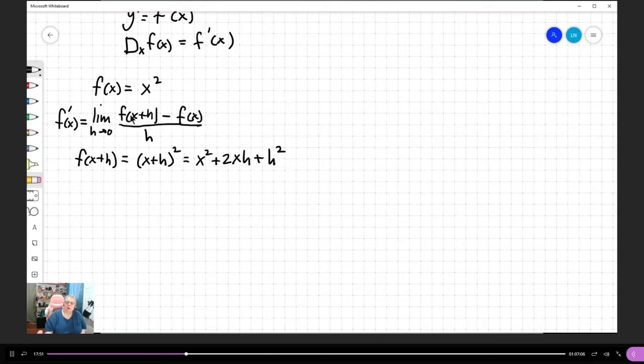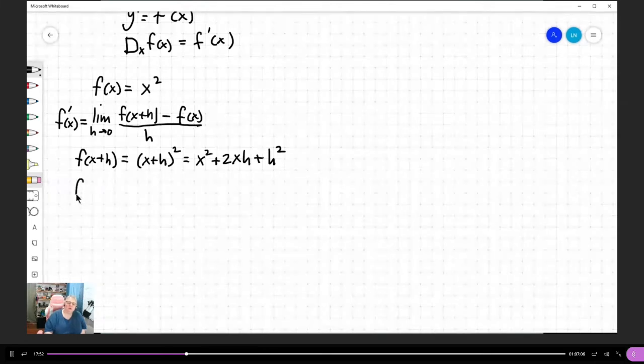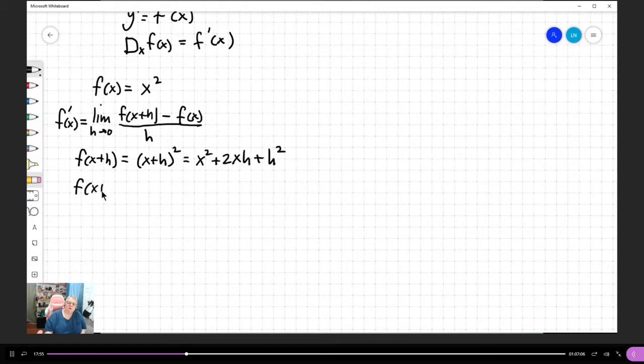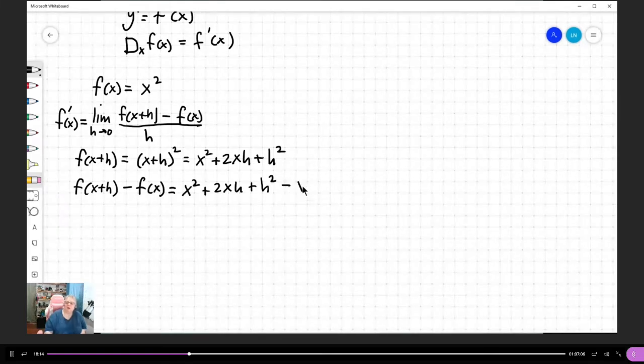All right, then I need the numerator, so that is f of x plus h minus f of x. Well, I just worked out f of x plus h. It's this. So that is x squared plus 2xh plus h squared minus f of x, so minus x squared.